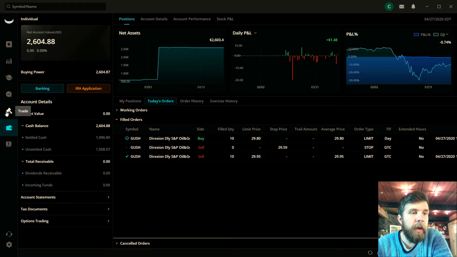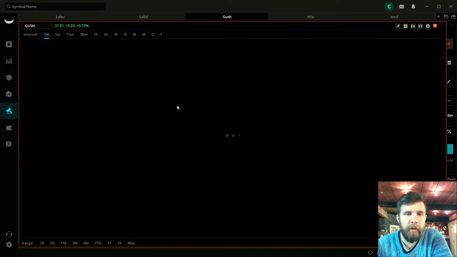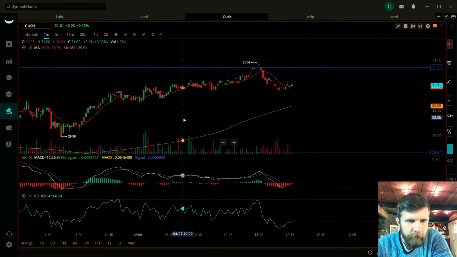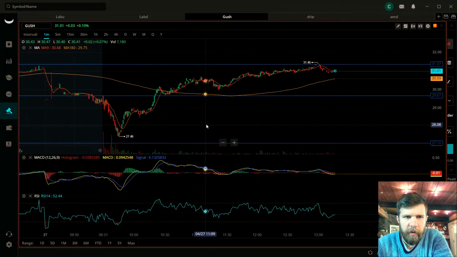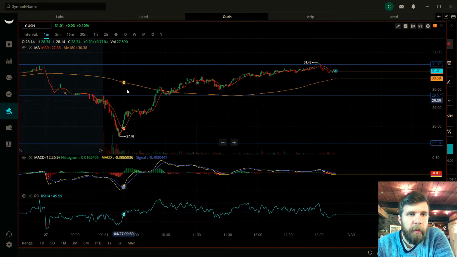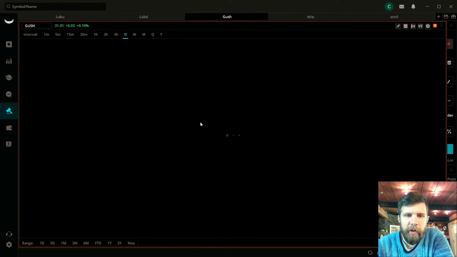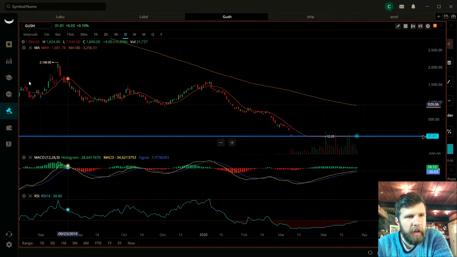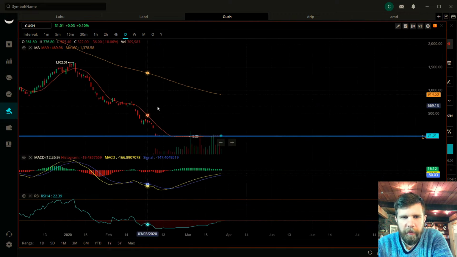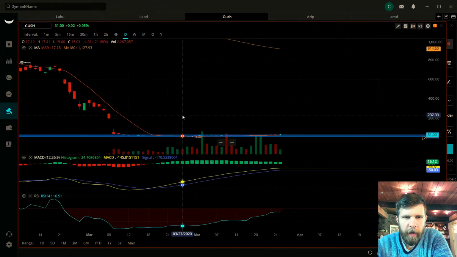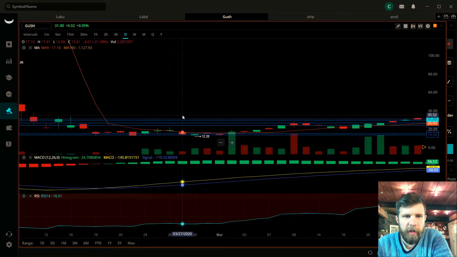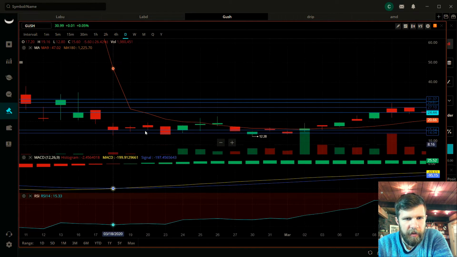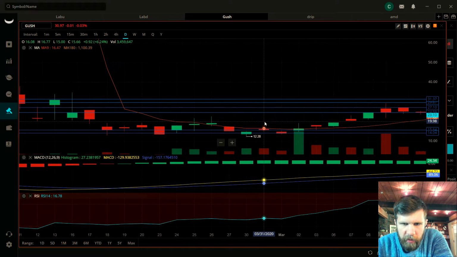Let's look at the trade chart so we can see where we are. On the daily chart, the reason I've been watching this one is that in the past it's been selling off heavily. Over the last few weeks it came down, hit these lows, and double bottomed.